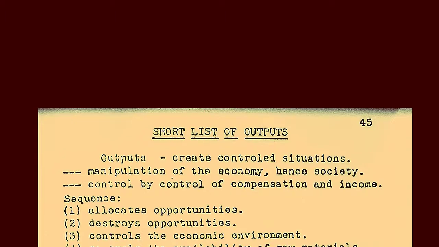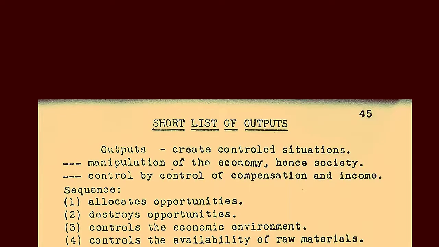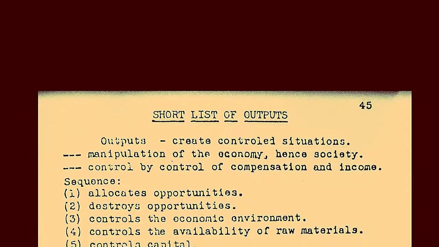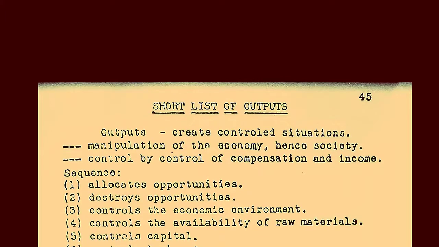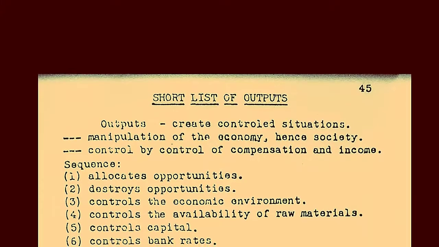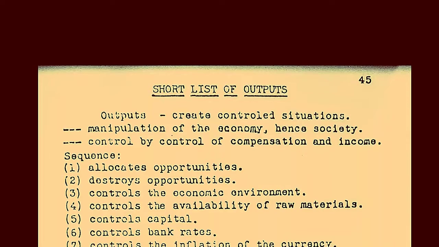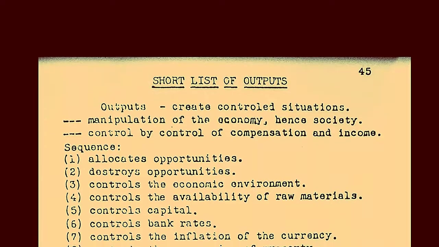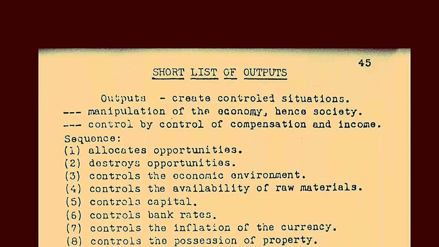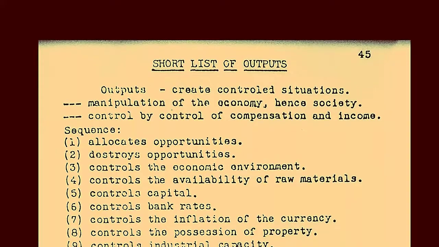Short list of outputs. Outputs. Create controlled situations. Manipulation of the economy, hence society. Control by control of compensation and income.